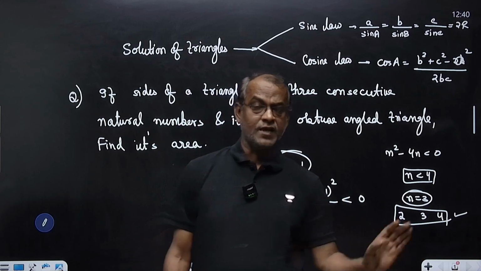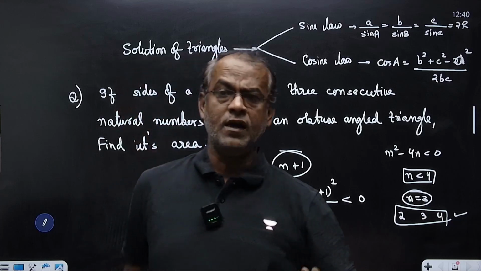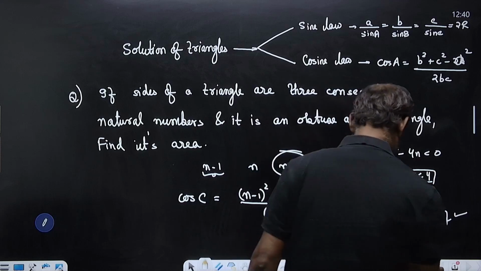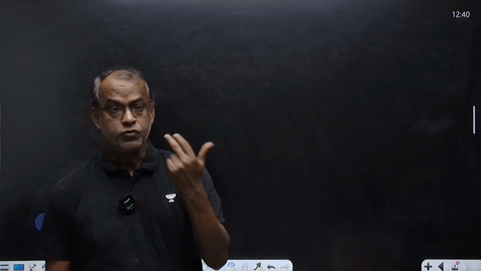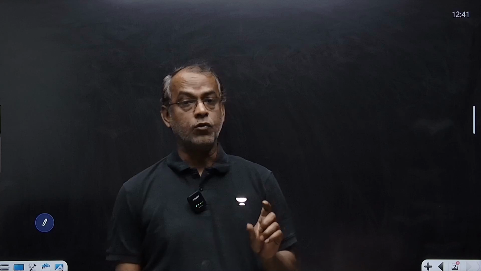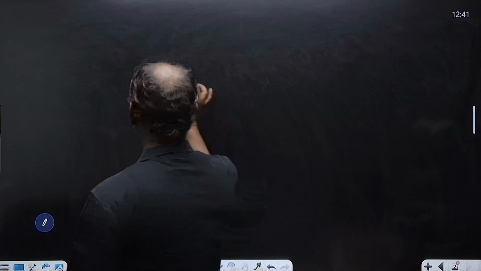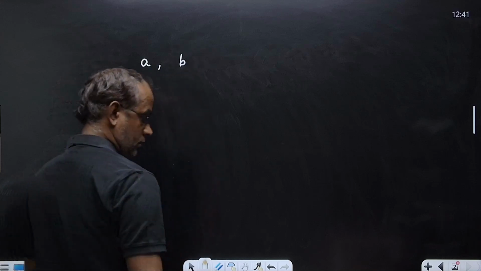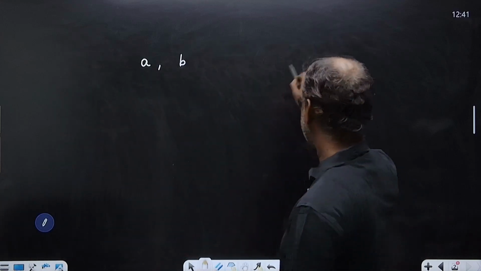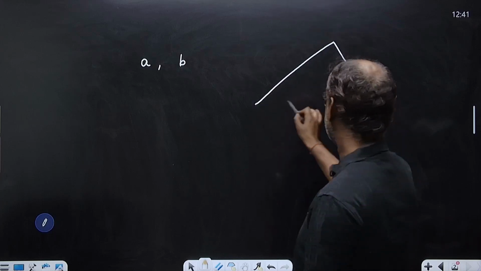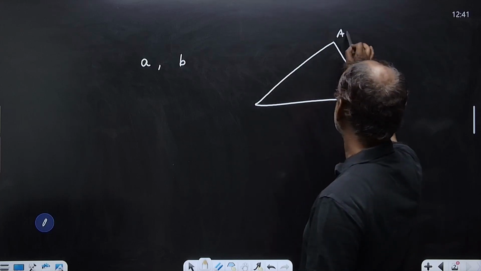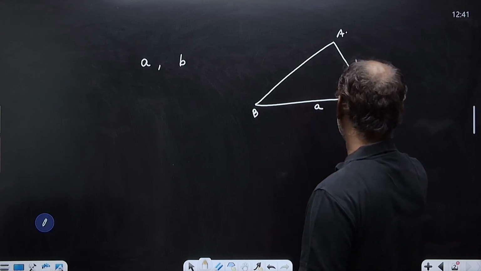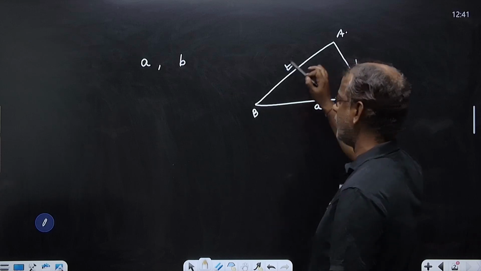Where lengths of sides and angles are involved, cosine law is a very good way to deal with a situation like that. Suppose two sides, say a and b, are given and the included angle is given, then the triangle can be determined uniquely.